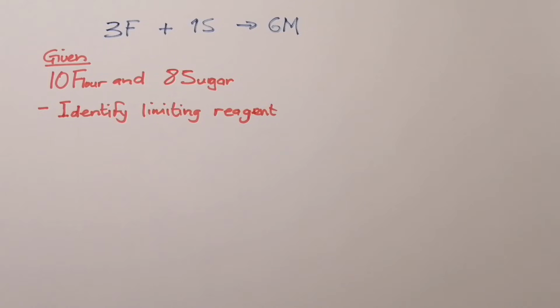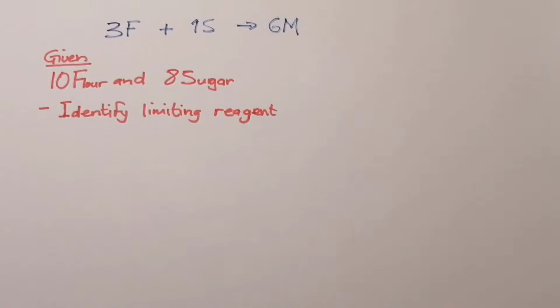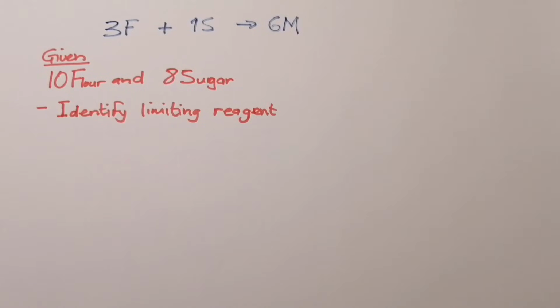No. Remember, in order for me to produce muffins, I still need both the flour as well as the sugar. So I will not be able to produce muffins when I don't have one of the ingredients.